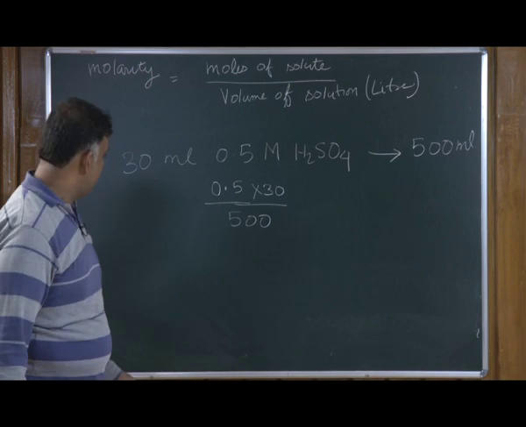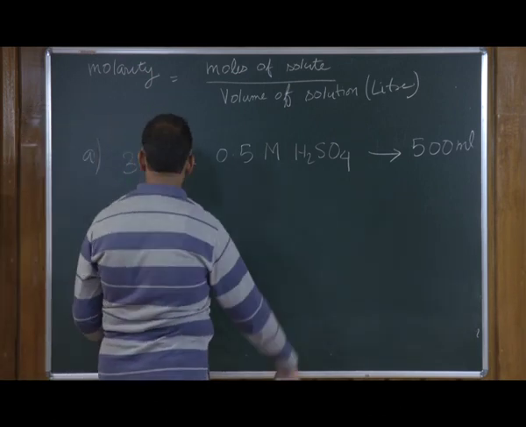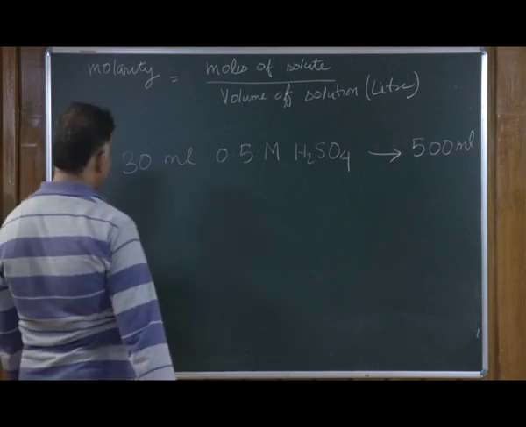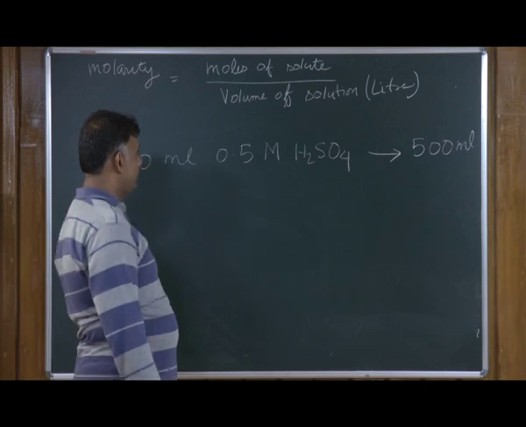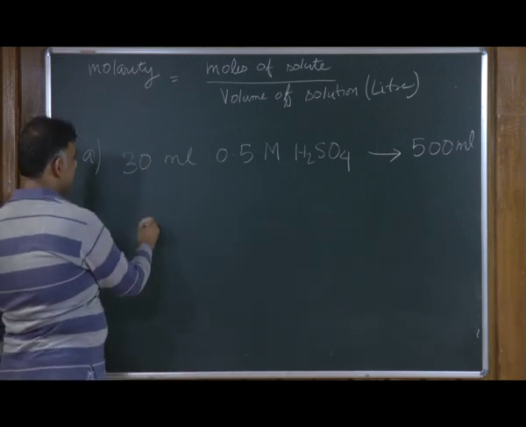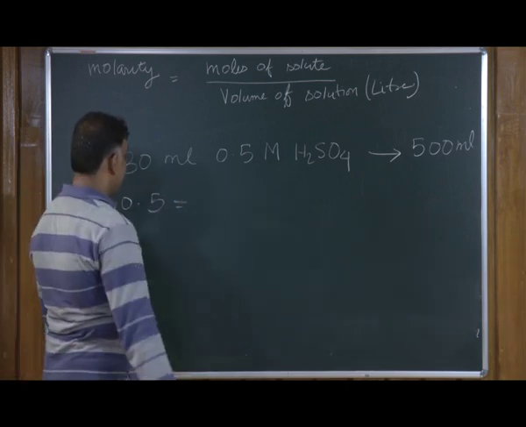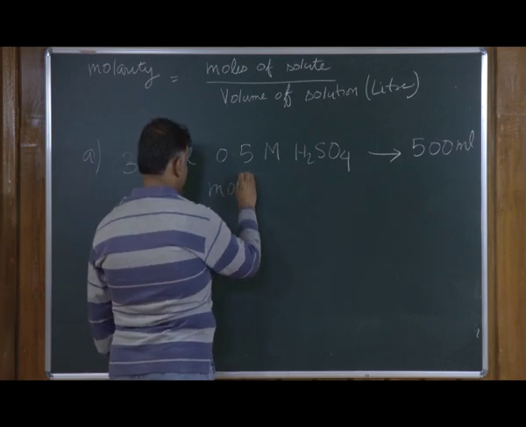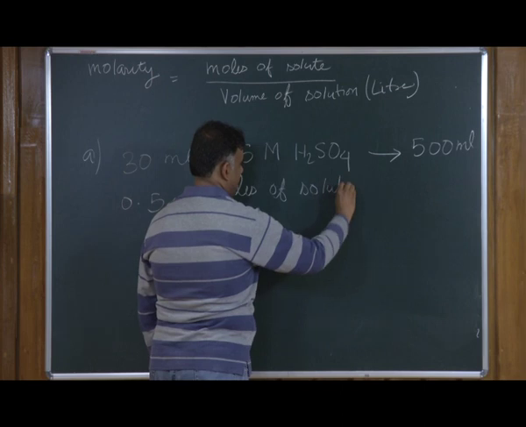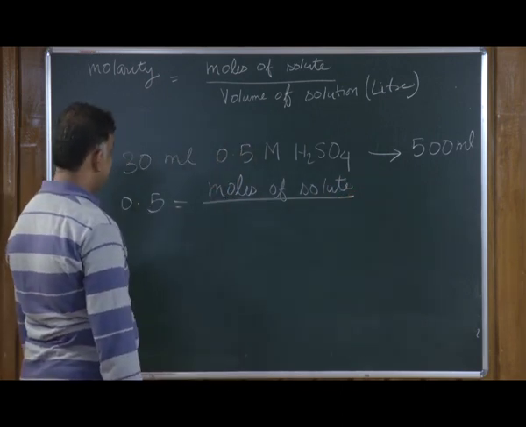That will give me the answer. Just to grasp the concept, let us do it differently. So, how much H2SO4 is present in this solution? We are given the molarity, that is 0.5 molar solution. We need to calculate moles of solute, divided by volume of solution in liter.